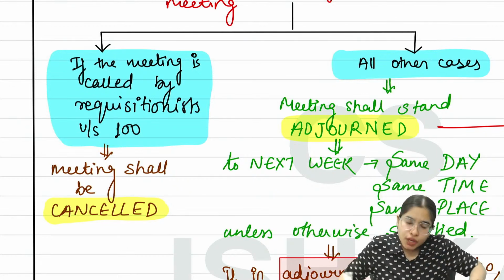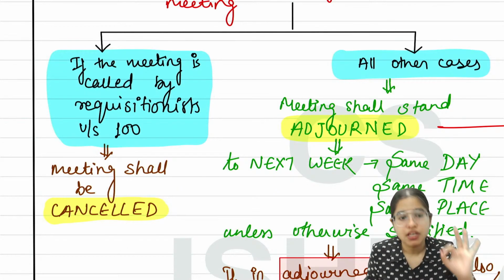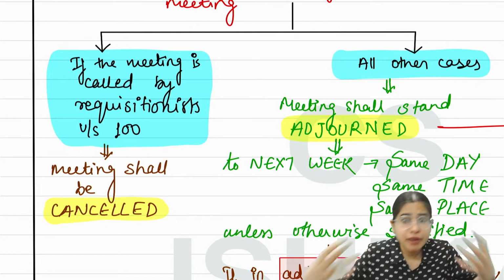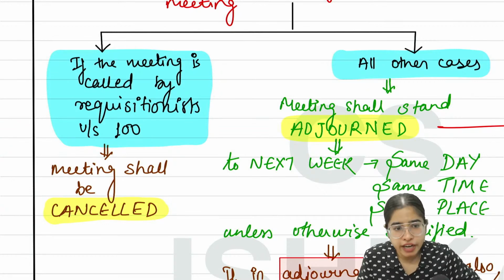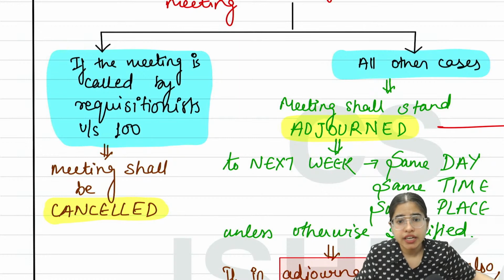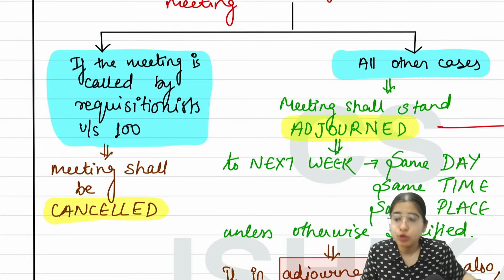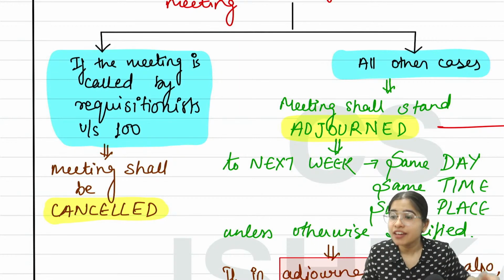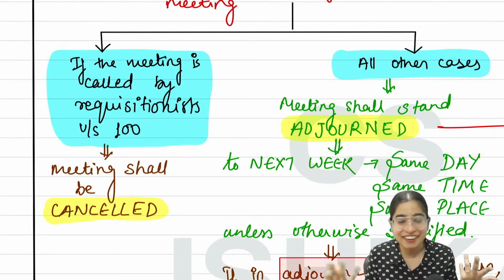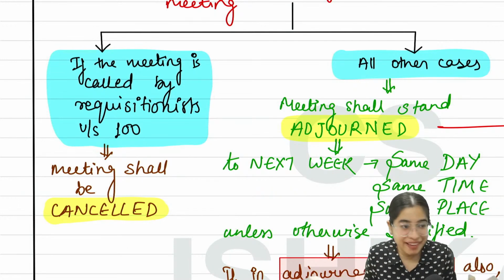If the shareholders requesting the EGM have called the meeting and are themselves not present, it's like it's your own birthday and you don't turn up, your own wedding and you are not present. What? The meeting will be cancelled.